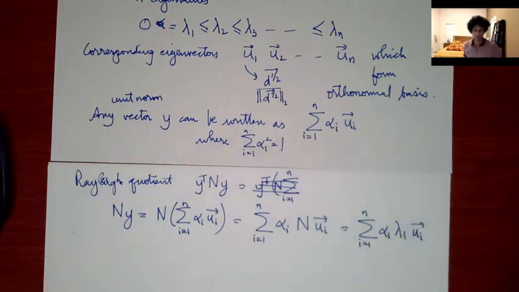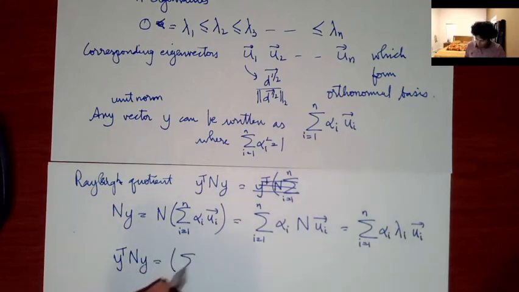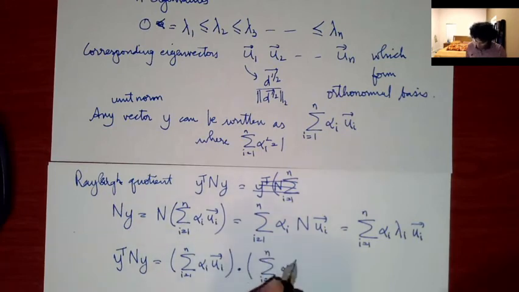That's what n times y is. What is y transpose n y? Well, y transpose n y is basically the summation, i going from 1 to n, of alpha i ui, dot product with the summation, i going from 1 to n, of alpha i lambda i ui.